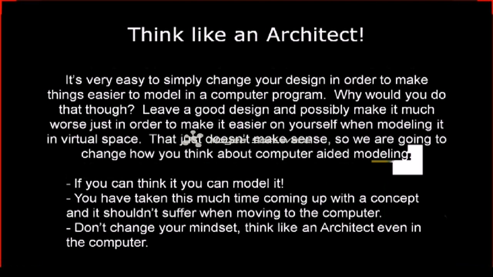So basically the point of thinking like an architect is, if you can think it, you can model it in Revit. And we firmly believe that. I would say a lot of people in the industry don't believe it, but we've proven people wrong time and time again that even the weirdest shapes can be modeled. It's just how you model them that's completely different. If you've taken this much time to come up with a concept, it shouldn't suffer when moving into a computer. How many times do reviewers or your teachers tell you that you should have stayed out of the computer?